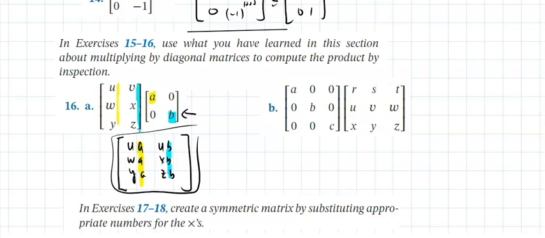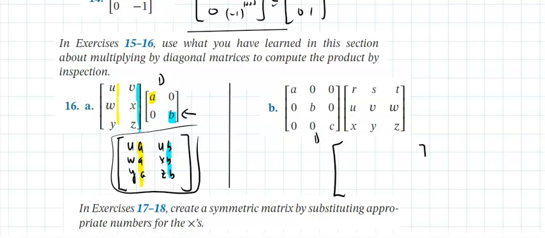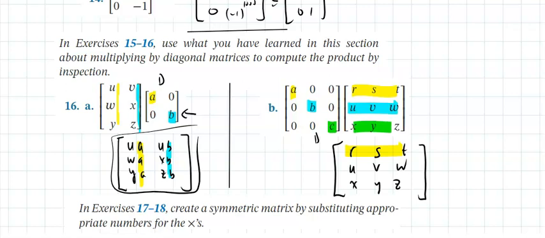And if you multiply on the left, so again, this is the diagonal, you end up getting a 3 by 3, the same size, that doesn't matter. You get R, S, T, U, V, W, and X, Y, Z, and here, if you multiply on the left, you end up multiplying the rows.